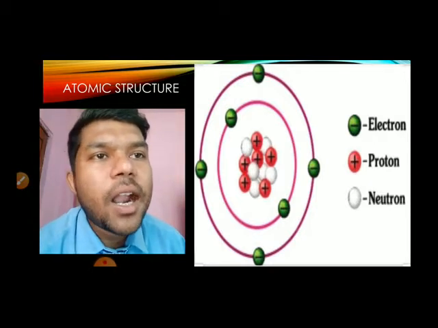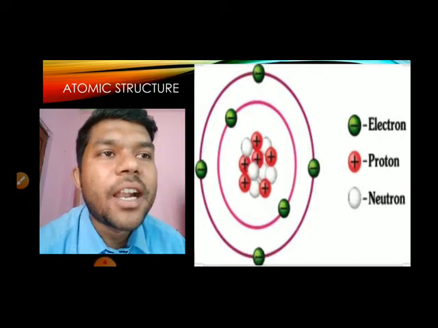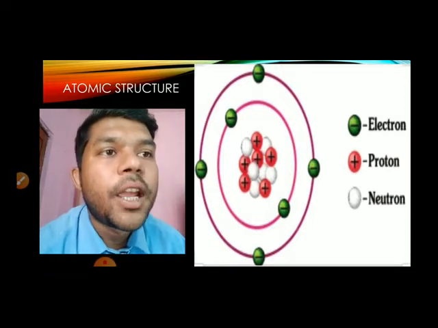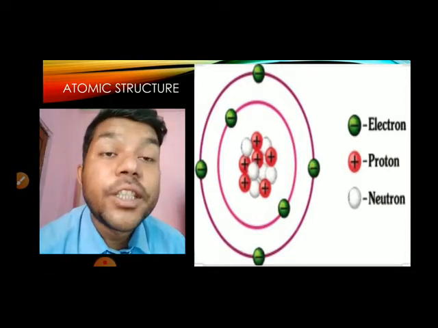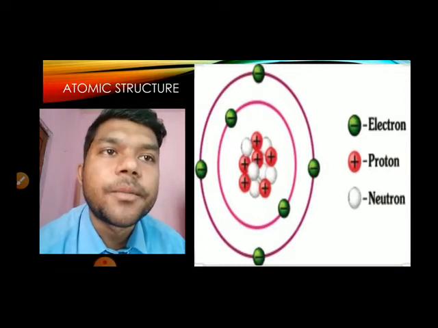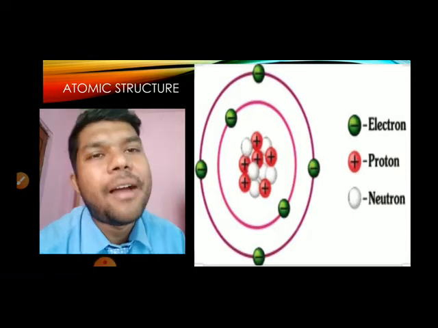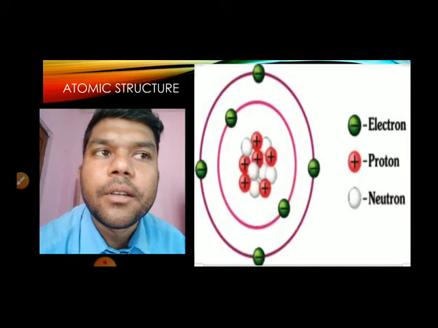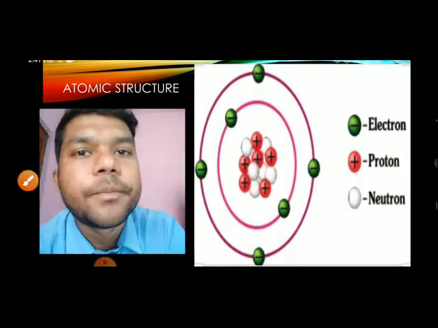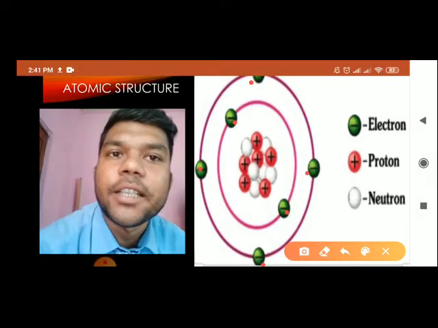In that there are protons, neutrons, and electrons. You can see in the diagram the proton, neutron, and electron; they are also called subatomic particles. Protons are positively charged, neutrons are chargeless, and they remain in the central nucleus, and electrons revolve around the nucleus. It is not the same for every element. For example, see 1, 2, 3, 4, 5 and 6 electrons it has.